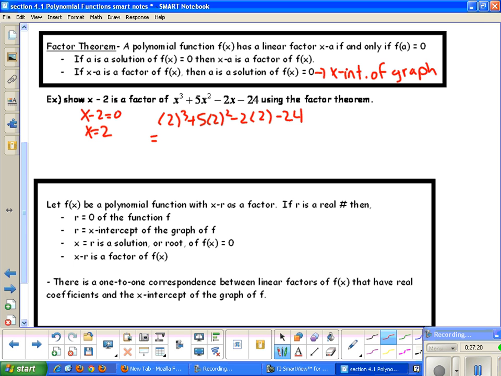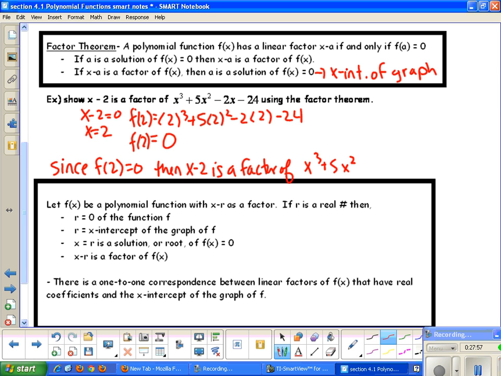When I did f of 2, you would find f of 2 is equal to 0 when you plug it in. So since you get a remainder of 0, that means x minus 2 is a factor of the polynomial equation. So since f of 2 equals 0, then x minus 2 is a factor of x cubed plus 5x squared minus 2x minus 24.